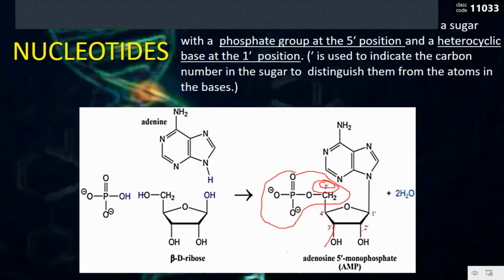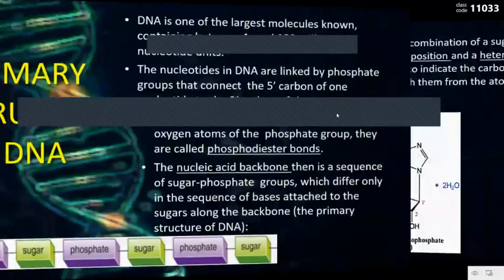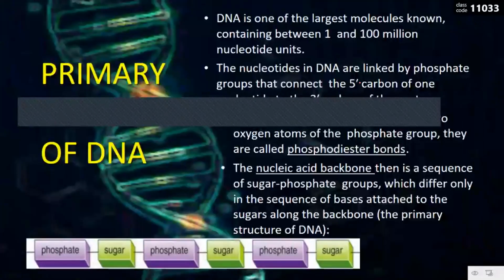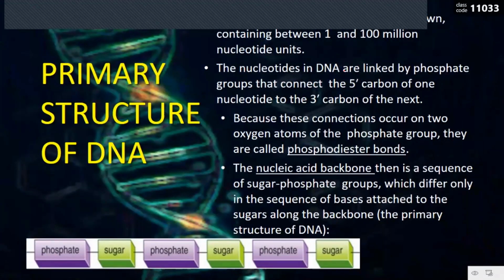Para ma-create yung continuity of the sequence of phosphate, phosphate, sugar. Ayan. So as I mentioned earlier, it is connected in the 5 carbon and the 3 carbon of the next. So ganyan yung DNAs natin.